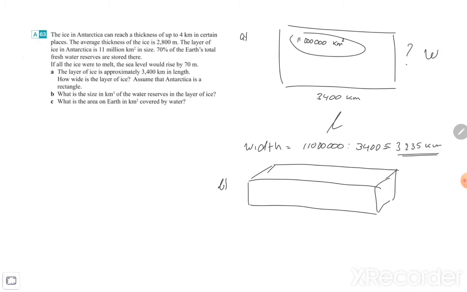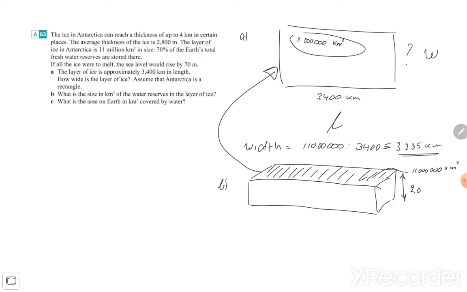So then this area is the area that you find in question A. So that's 11 million square kilometers. All right. The height of the layer was 2,800 meters on average.